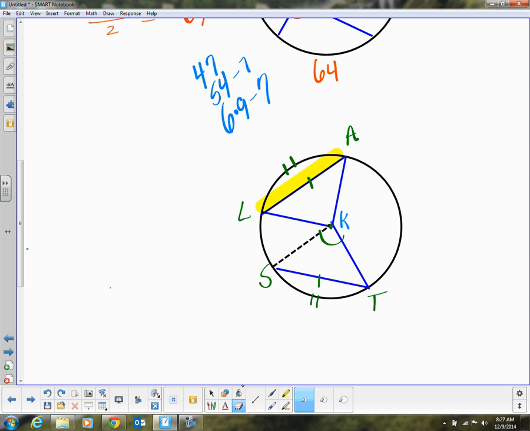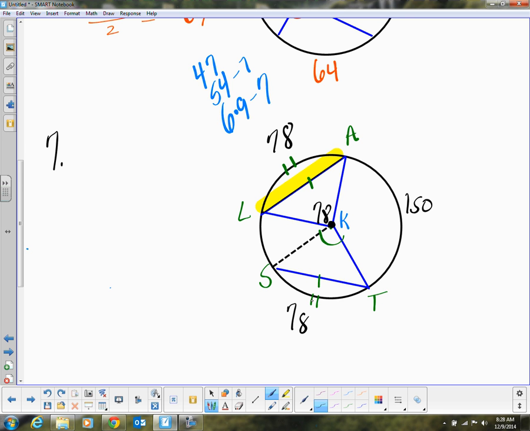Yes, I know. Okay. LKA equals 78. All right. And then AT equals 150. Okay. So what we know is they are congruent. What's congruent? ST and LA. Okay. And then basically you just say 78 equals LA because the point is in the center. And then it's the same for the other side because it's congruent.